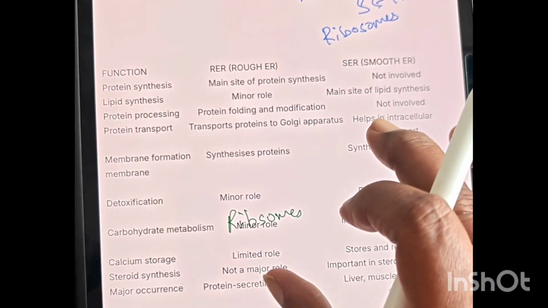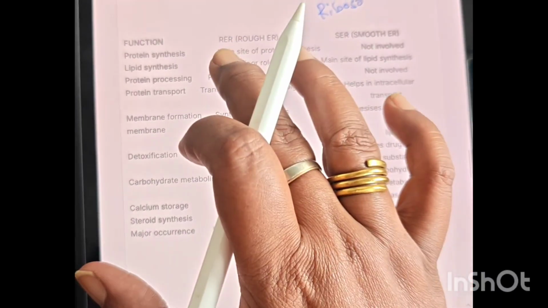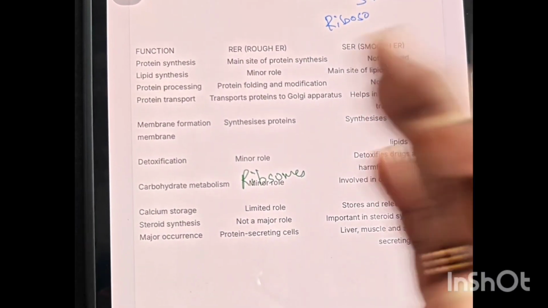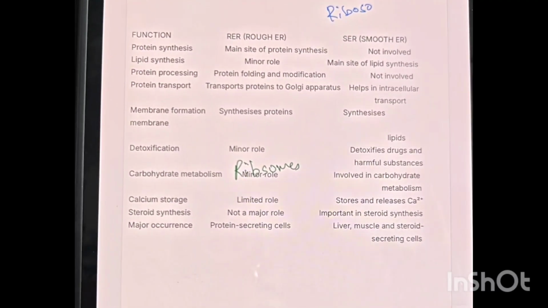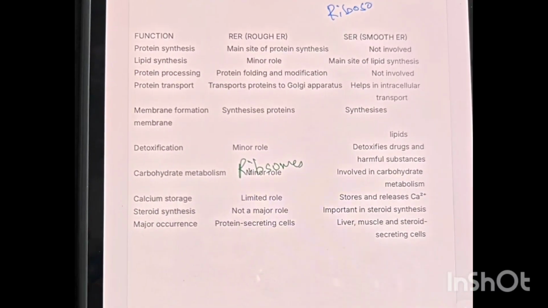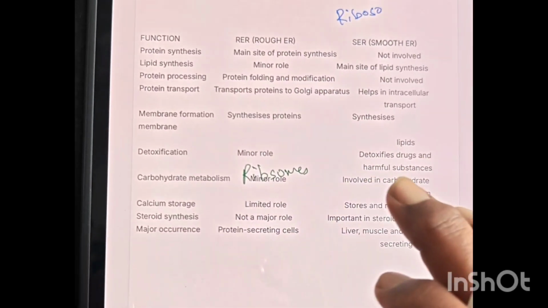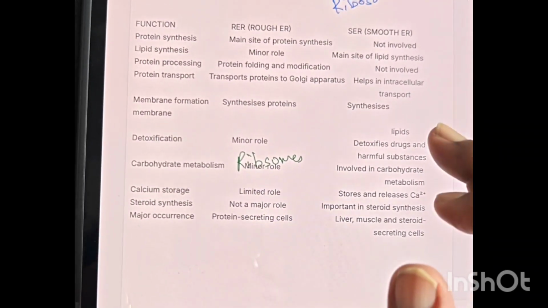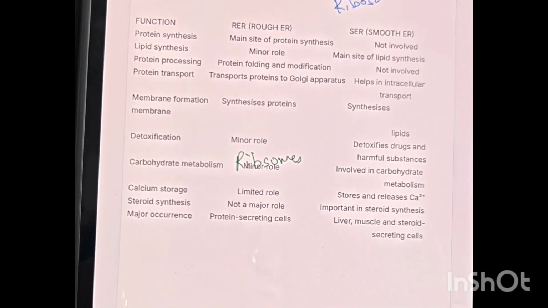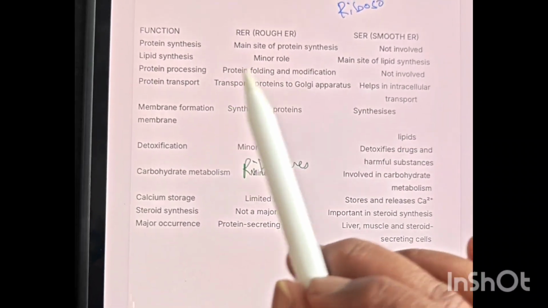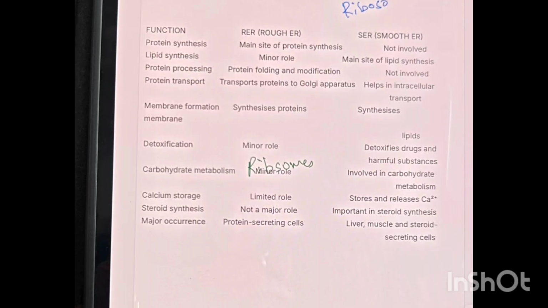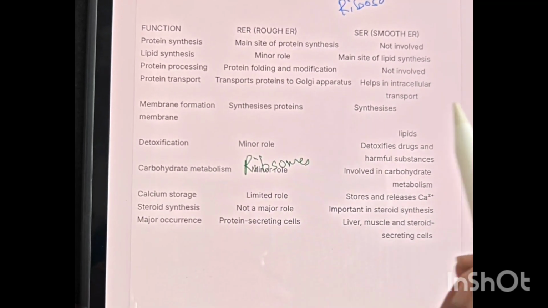Based on that, the number of rough and smooth endoplasmic reticulum changes from cell to cell. There is no specific number in the cell; based on their functionality they can be interchanged in number also.